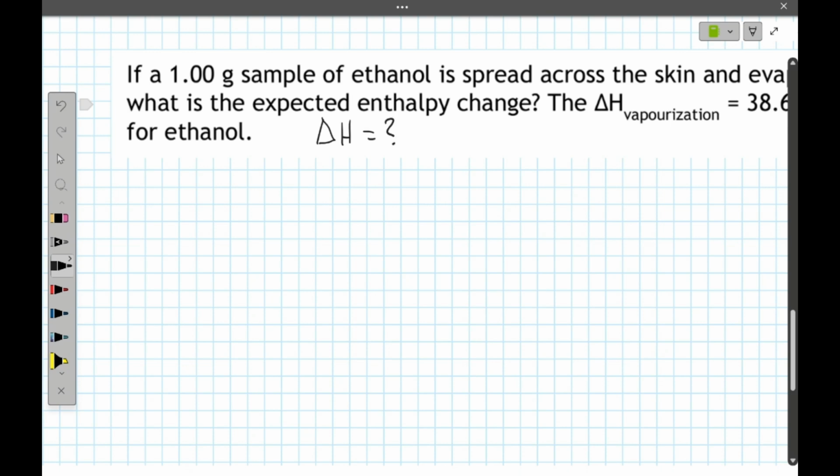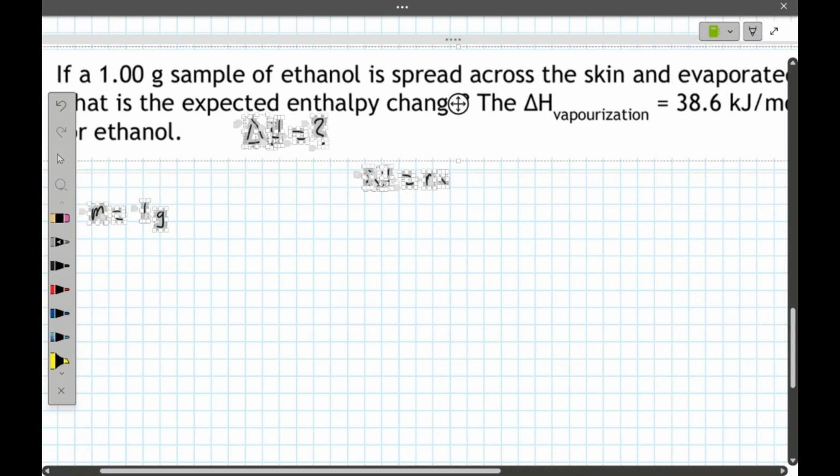Okay, so let's see what we're given. We are given the mass of ethanol, which is equal to 1 gram. So what we need is the number of moles, because that is what we need to solve for the enthalpy change, because enthalpy change is equal to the number of moles times the molar enthalpy change.